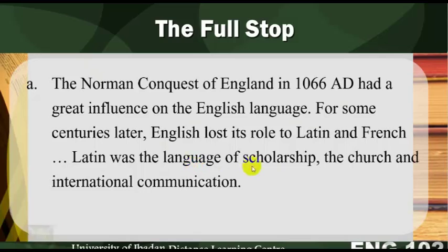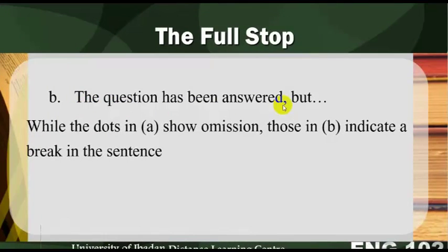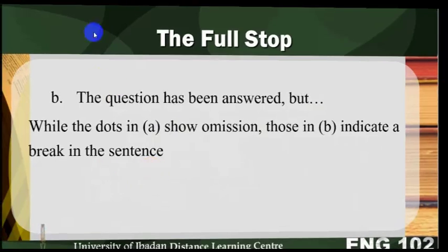Latin was the language of scholarship, the church, and international communication. B. The question has been answered, but while the dots in A show omission, those in B indicate a break in the sentence.